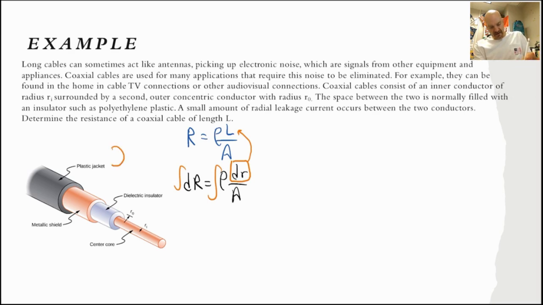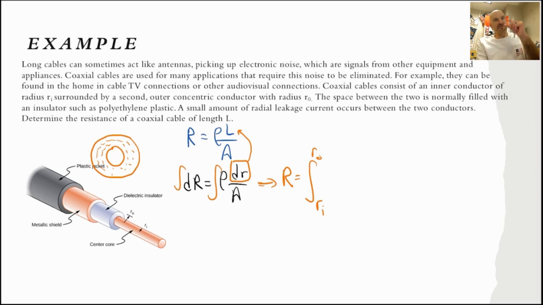If you think about this coax cable, the resistivity at different points is going to be different. So that L is not the length of the wire. That is the distance from the center out. If we keep writing, R is going to be the integral from Ri to R0, where Ri is the initial and R0 is out to that dielectric insulator, of rho dr over the area.